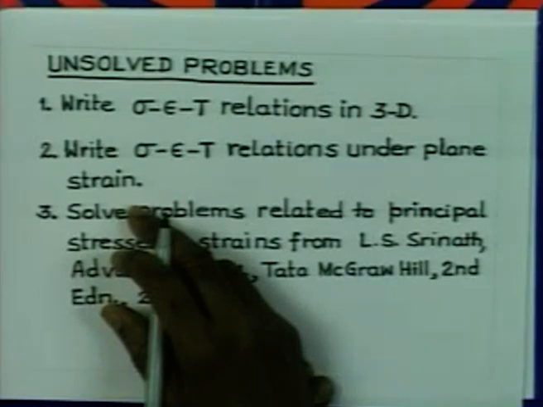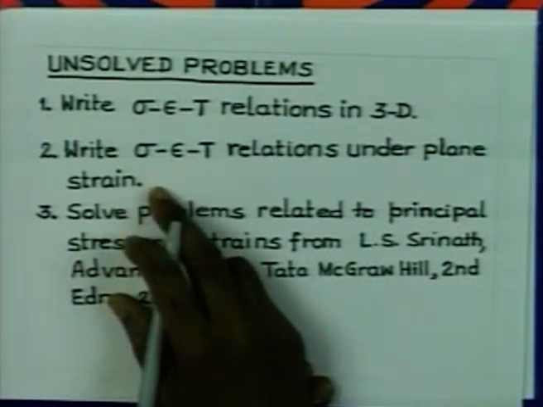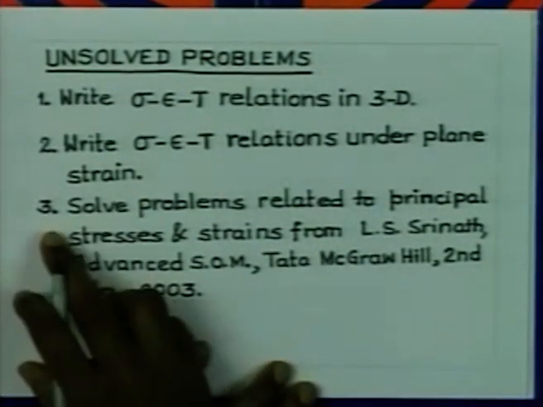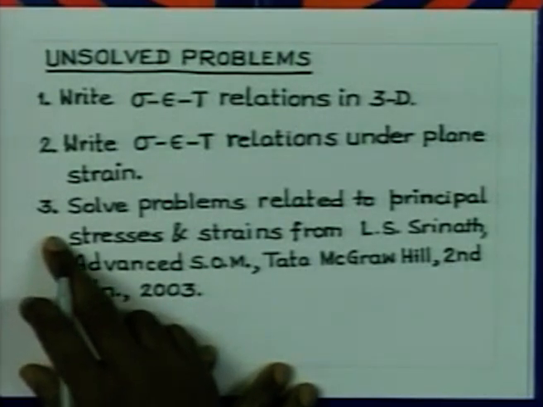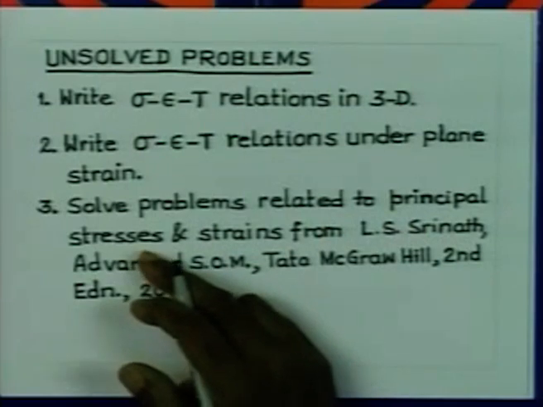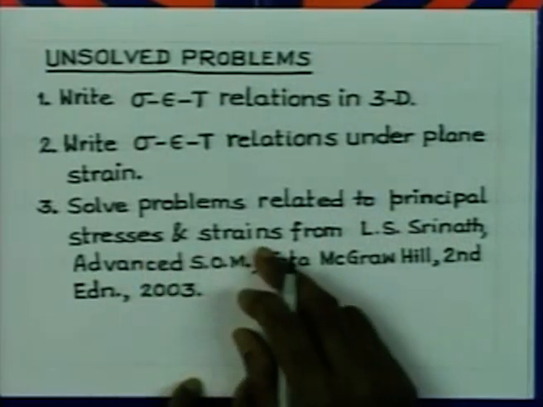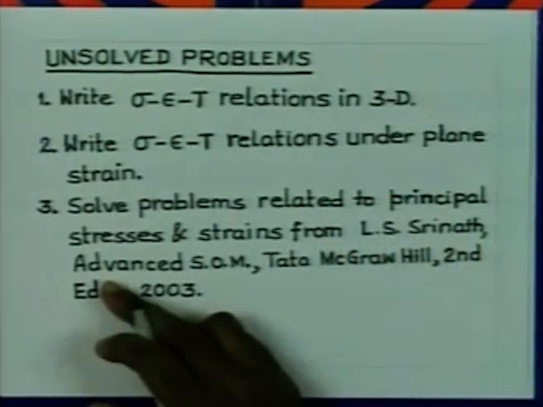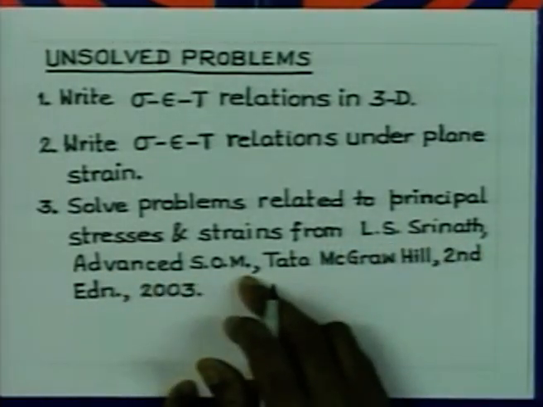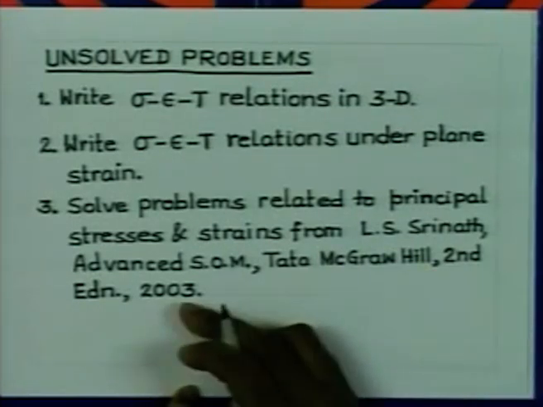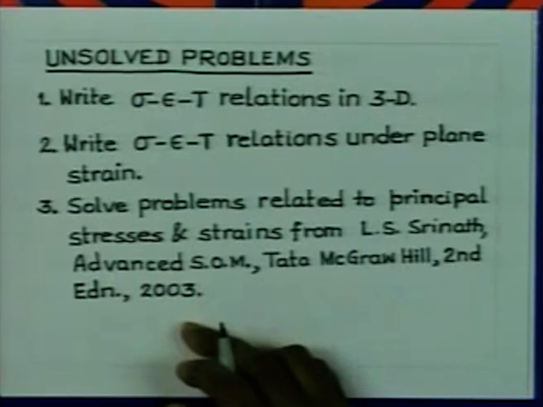This is something you must derive, and that will make all the derivations clear. Then the third example which you can consider: solve problems related to determination of principal stresses and strains from L.S. Srinath, Advanced Strength of Materials, published by Tata McGraw-Hill, 2nd edition in 2003.